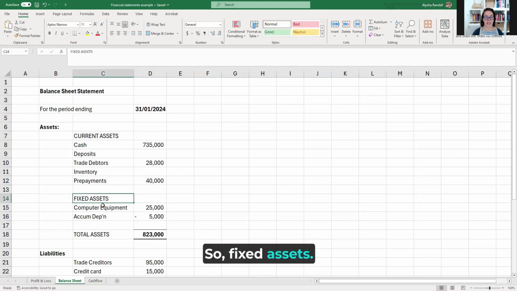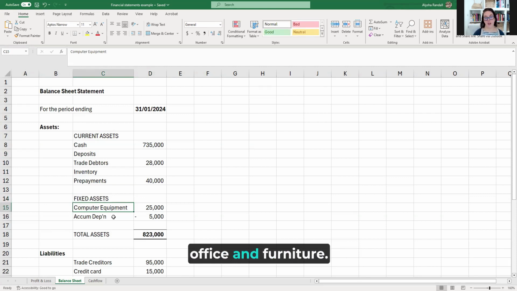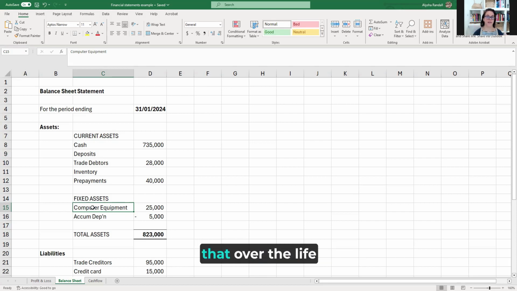So fixed assets. The most common fixed assets are computer equipment, office furniture, any tangible physical asset that you can touch. There can also be intangible assets. So, for example, if you spend £100,000 on a website and you don't want to recognize that in the month that you purchased it, instead you want to recognize that over the life of the website.